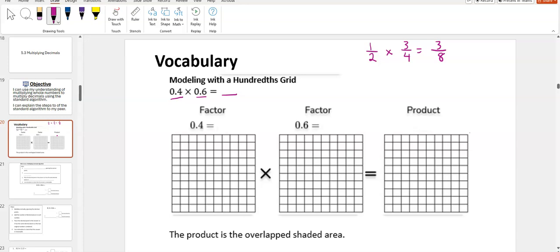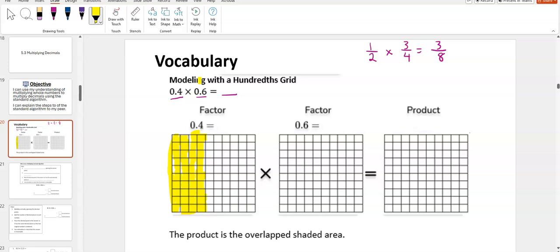So the first thing we're going to do in order to model is take this hundredths grid and color in 4/10 of it. And if you remember in elementary school, a tenth is one of these big long bars, right? So if this is 1/10, then another bar would be 2/10, and another bar would be 3/10, and another bar would be 4/10.